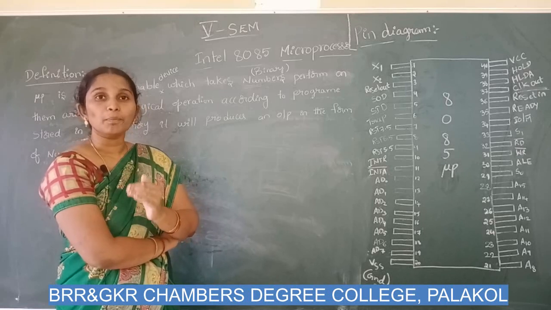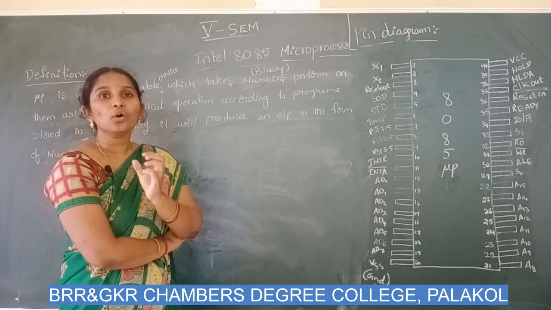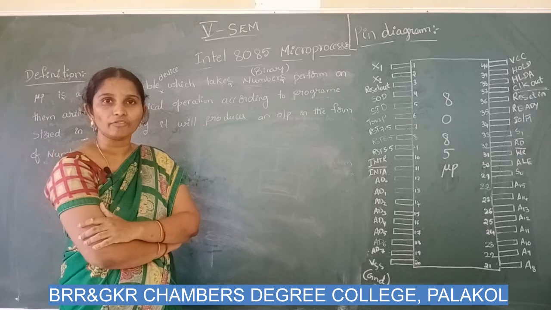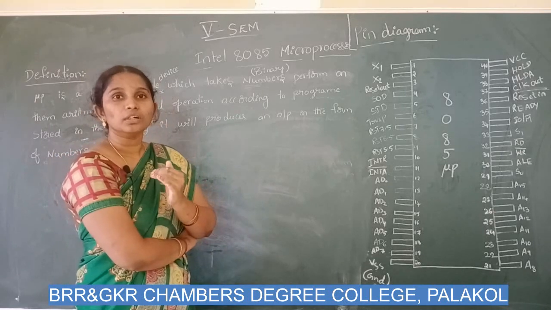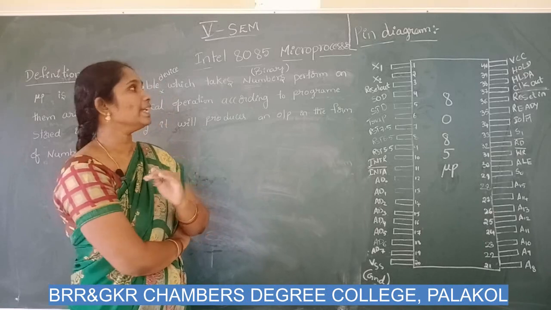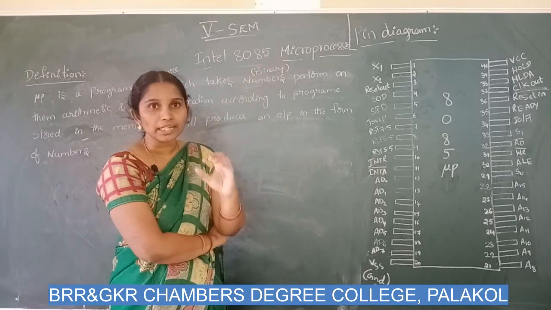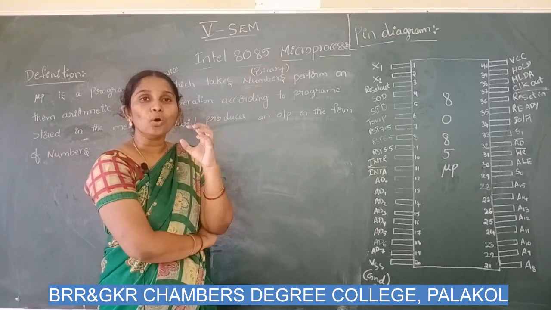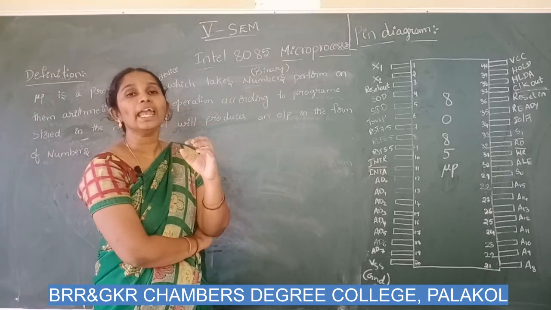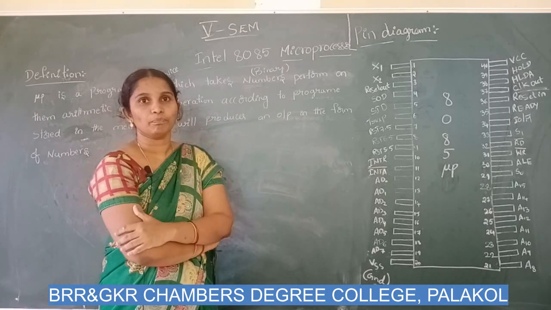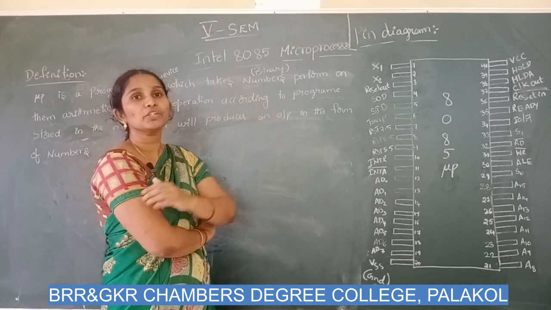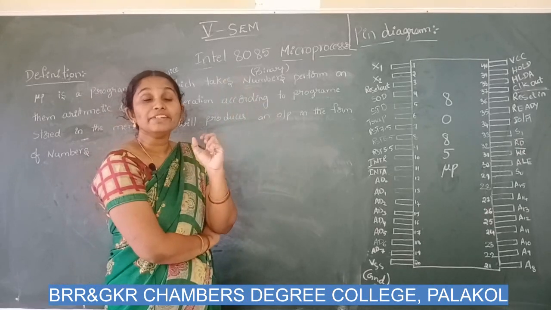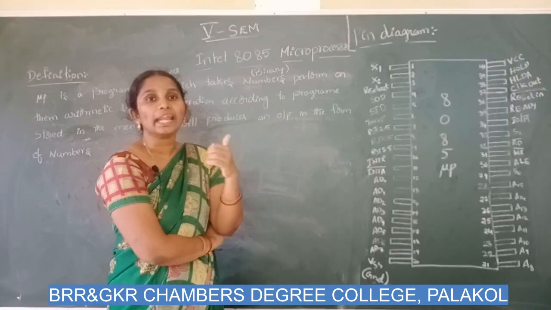A computer can understand only low level language, that means machine level language. Likewise, a microprocessor can understand only a low level language, that is machine level language. So in microprocessor program execution, one device is there, that is an assembler.